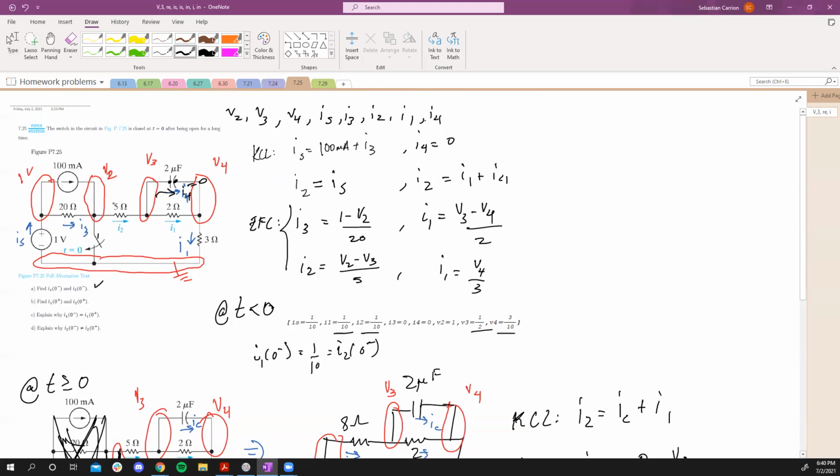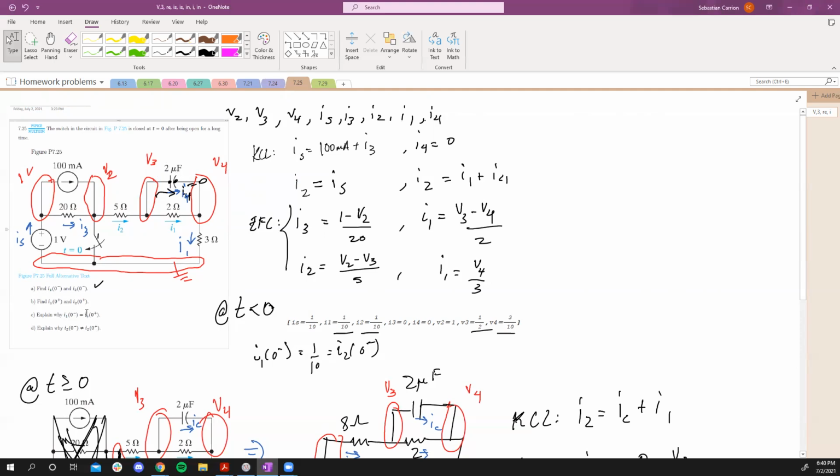However, when this switch closes, this capacitor doesn't act as an open circuit. So our KCL changes, and charge starts to flow away in this capacitor.